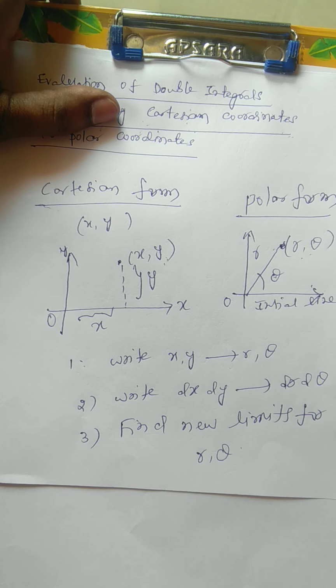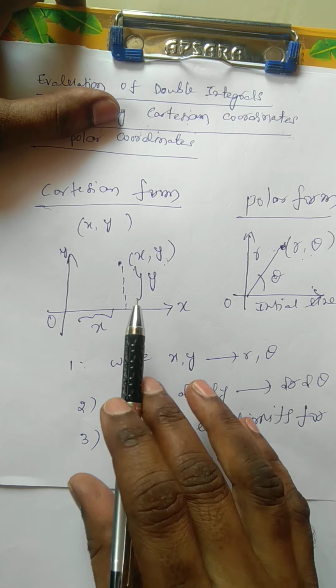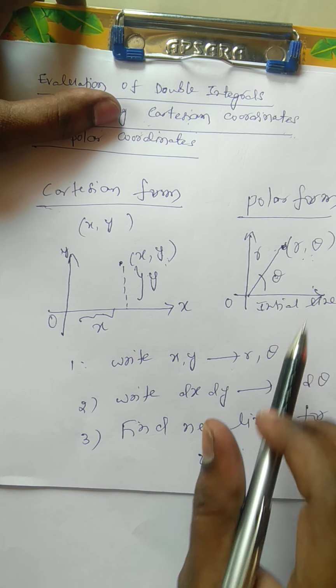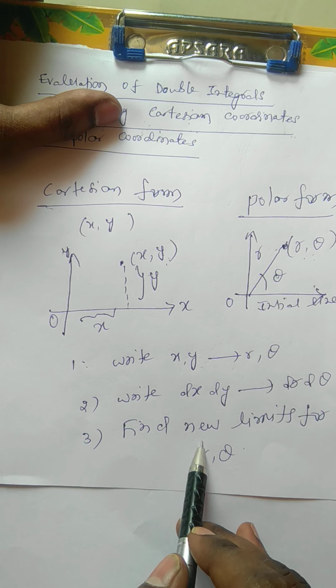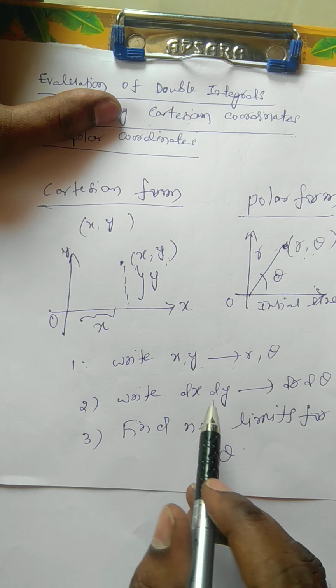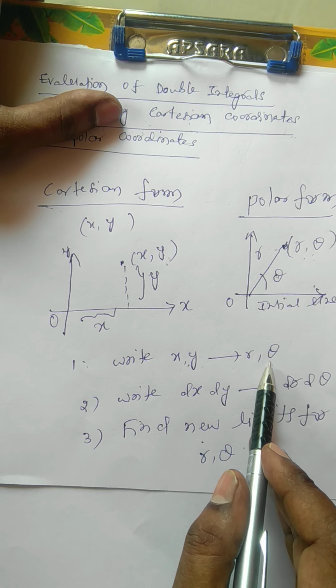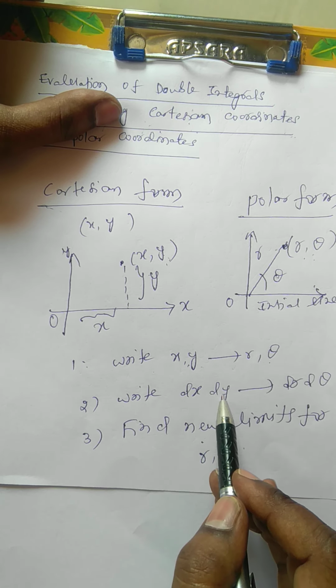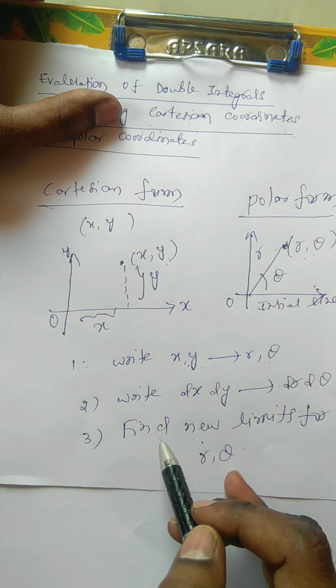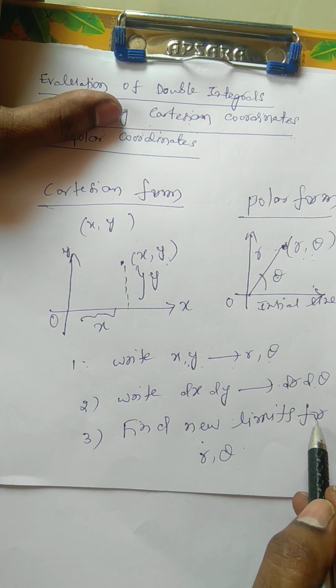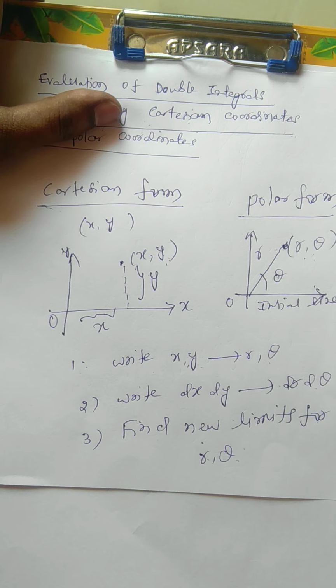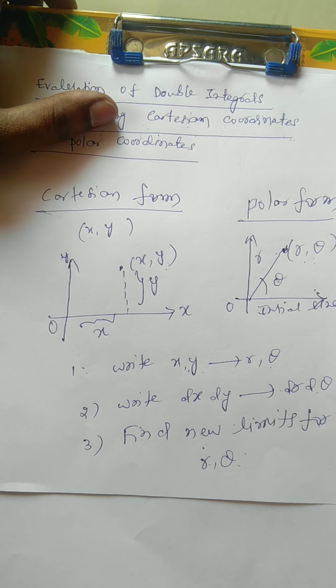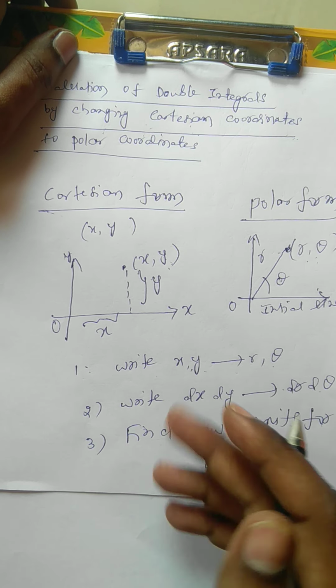So if you want to change x comma y to r comma theta, you are supposed to follow these three steps. This is standard for all the problems. Write x and y in terms of r and theta. Write dx dy in terms of dr d theta. Find the new limits for r and theta. Now we'll go one by one.